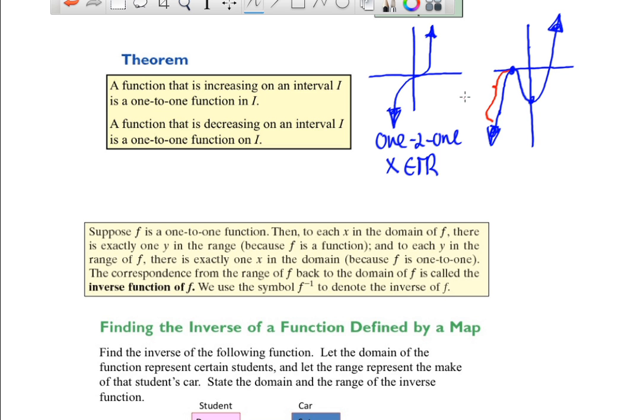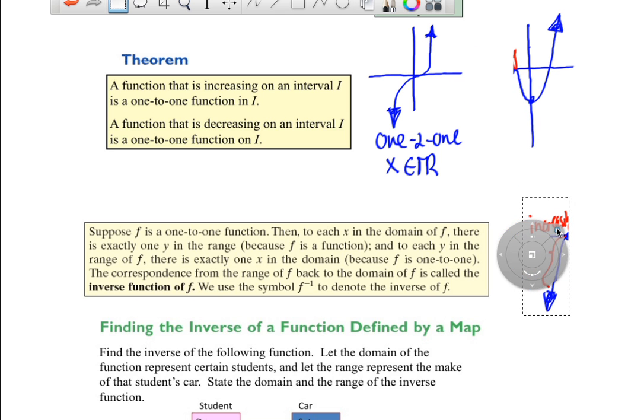Well, if I only look at that part of the function, do I have a one-to-one function? Let's check. I would say that this little chunk became one-to-one.